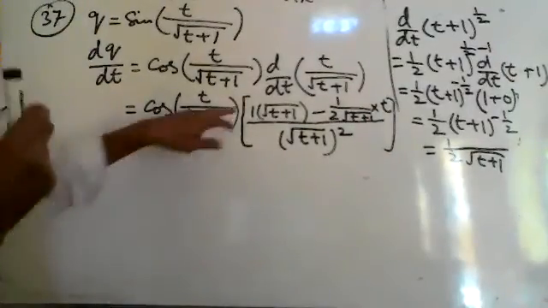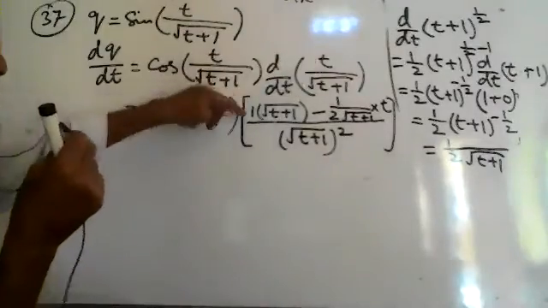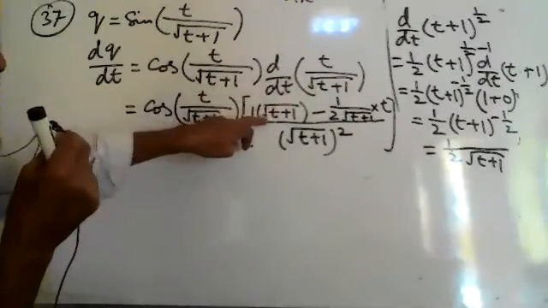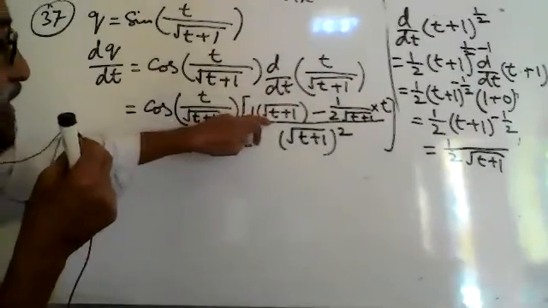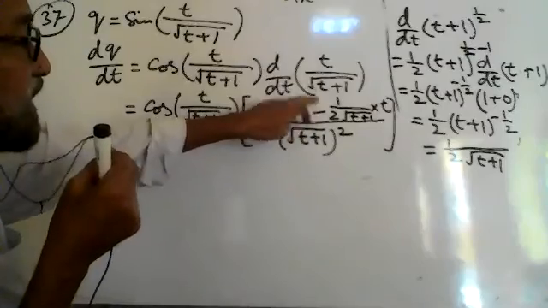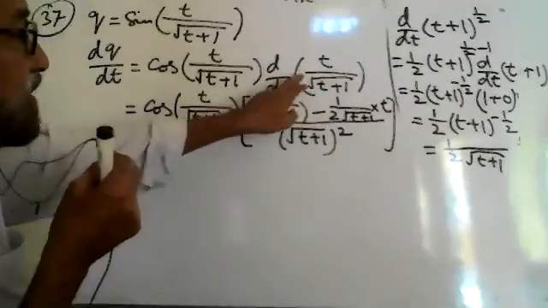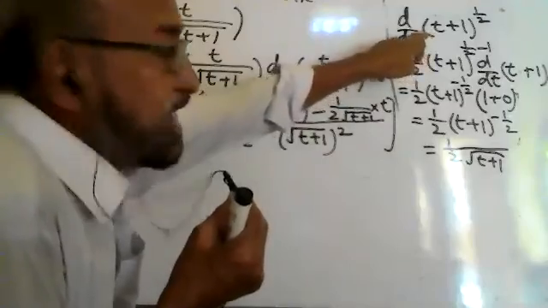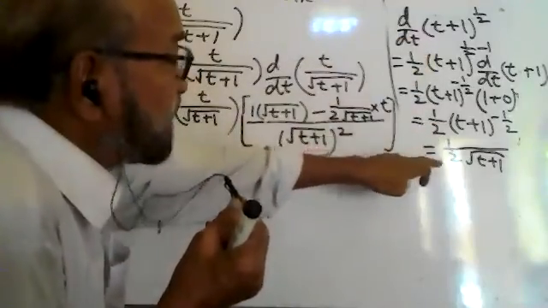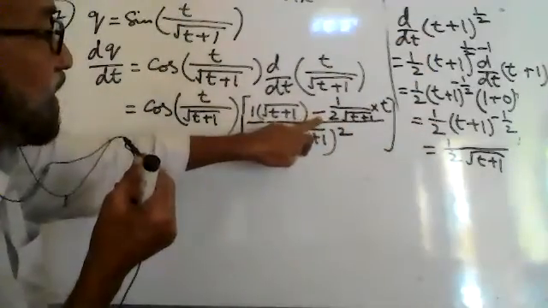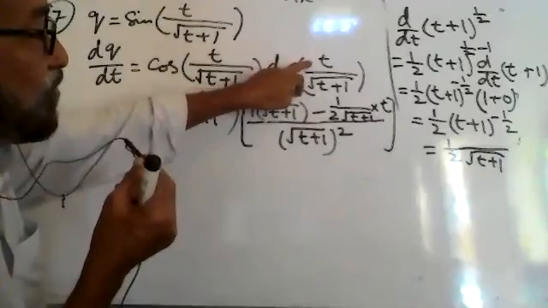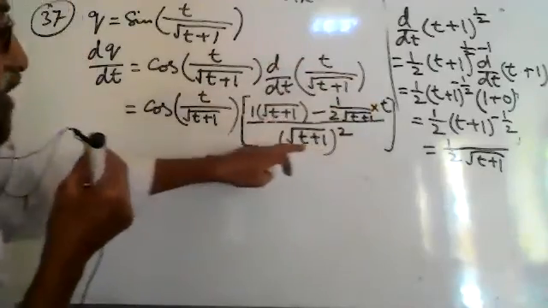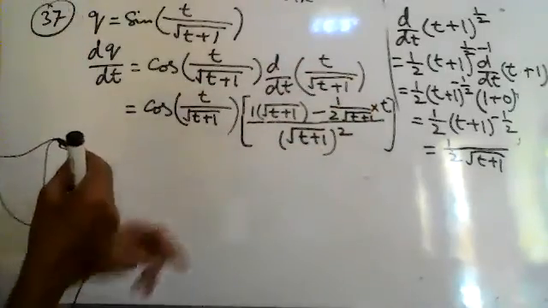Here we took the derivative of t, that is 1, into this function denominator, minus the derivative of the denominator, under root t plus 1, which is 1 over 2 under root t plus 1 into numerator t, upon the square of the denominator.